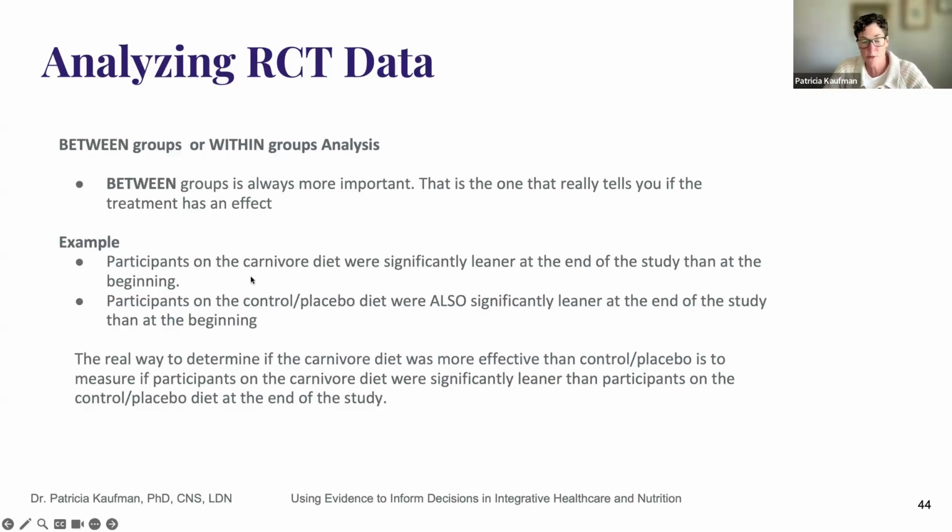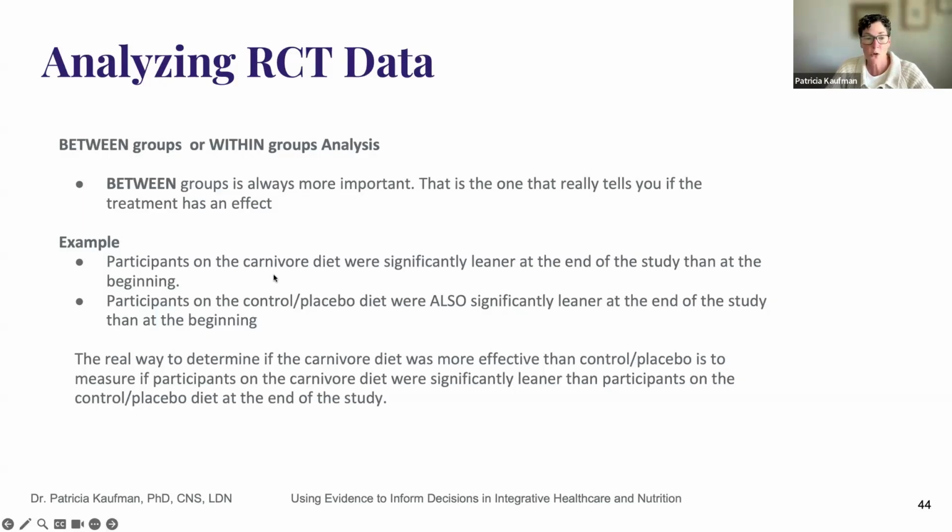So for example, participants on a carnivore diet were significantly leaner at the end of the study than at the beginning. Participants on the control placebo diet, so they didn't get a diet, were also significantly leaner at the end of the study. The real way to determine if the carnivore diet was more effective than the control placebo is to measure if participants on the carnivore diet were significantly leaner than participants on the control diet at the end of the study.